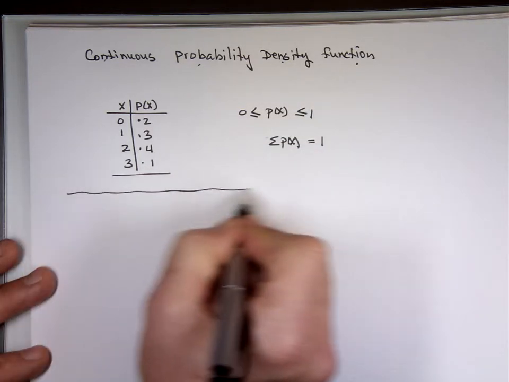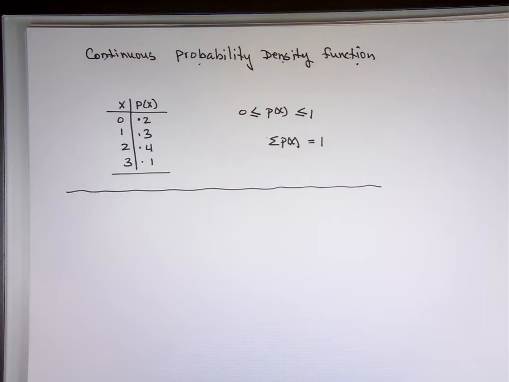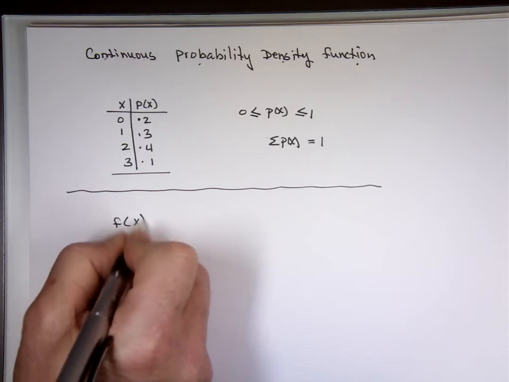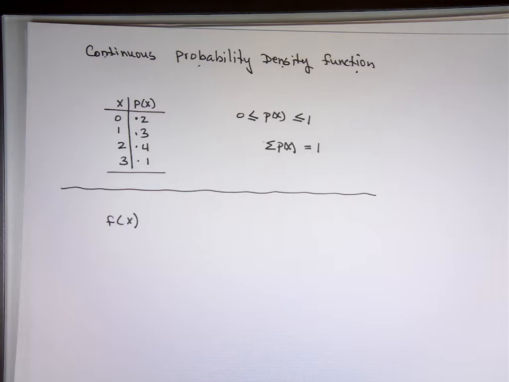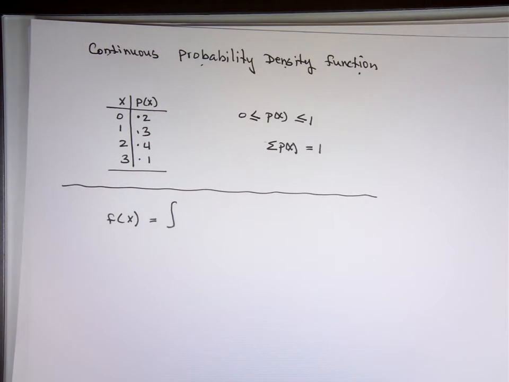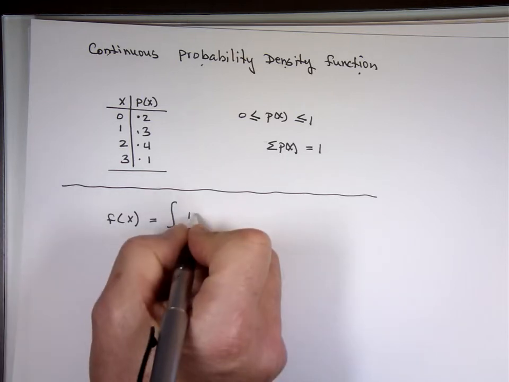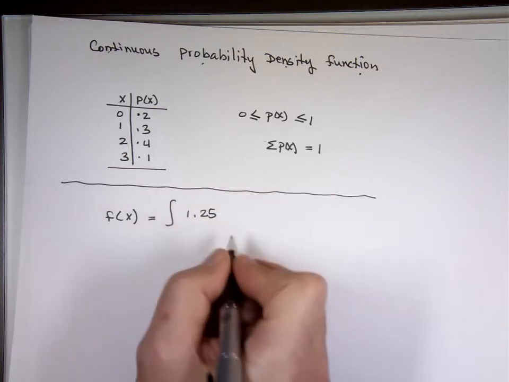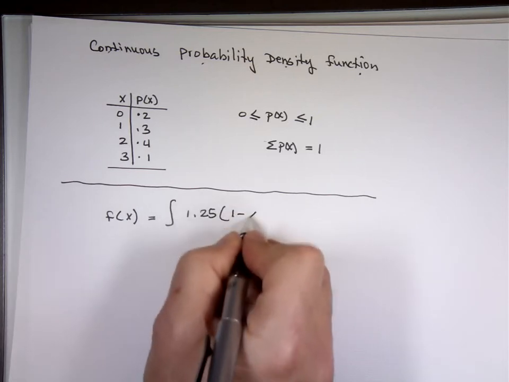So for a continuous one, I might have a function that looks like this. f of x, and I'm just making up an example, is 1.25 times (1 minus x to the 4th) dx.